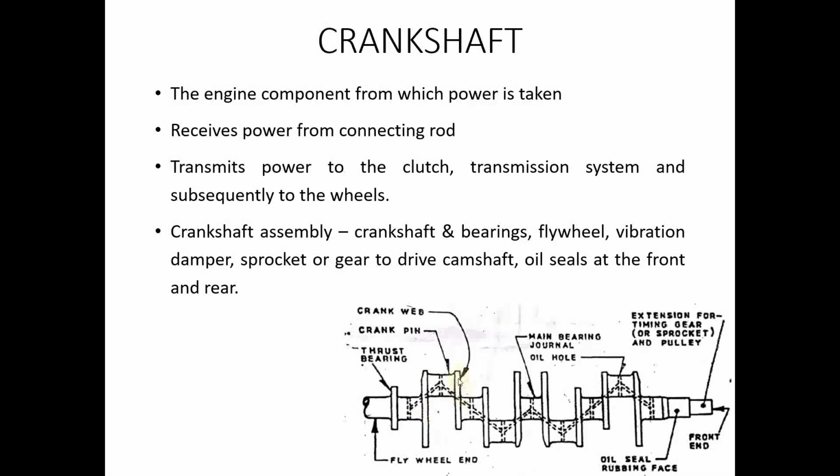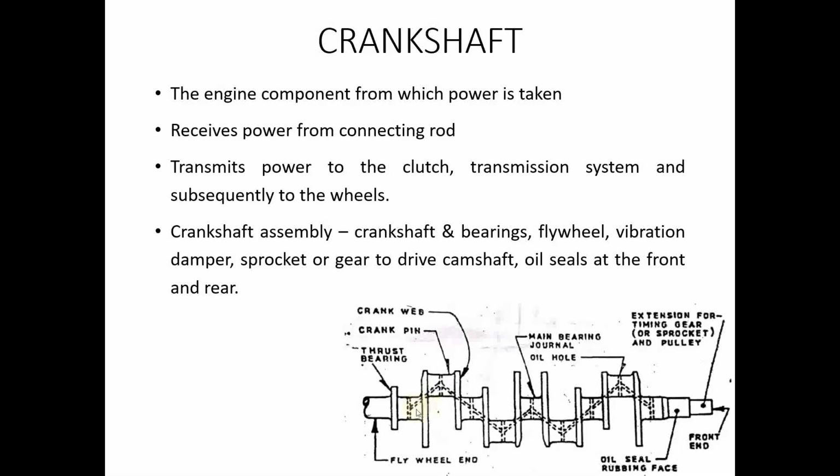And the edge surface of the crank pin, we call it the crank web. You can see here that holes are drilled at the crank web surface. In the main journals there will be small drilled oil holes, and oil is carried through rotation.